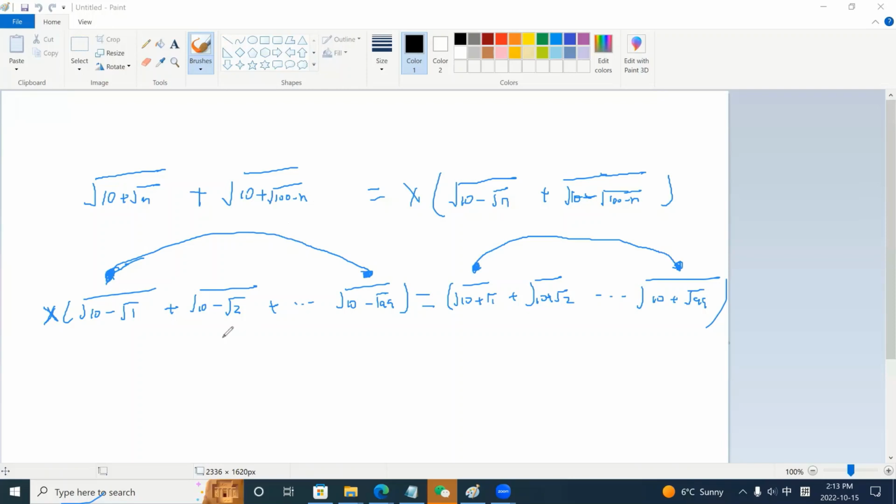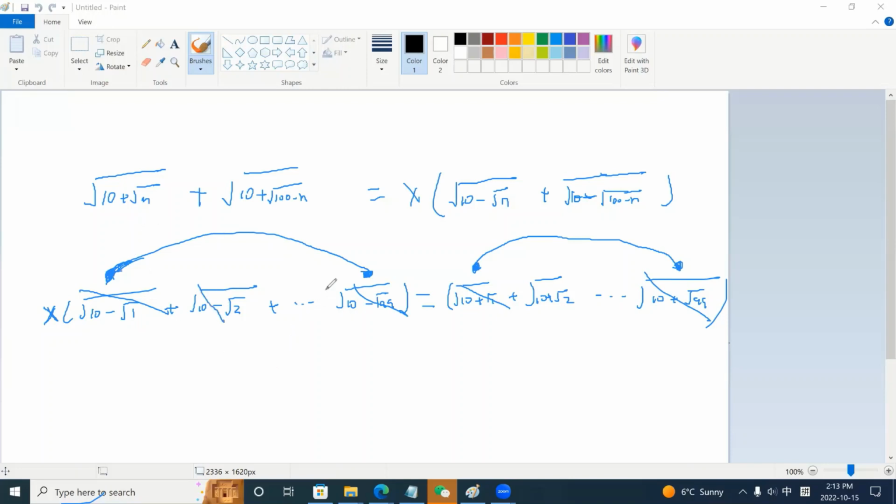It is helpful because then everything cancels out, as the question is designed this way. So the sum of these two things is equal to x multiplied by the sum of these two things. You can see how everything cancels out. Let's say n is 2.